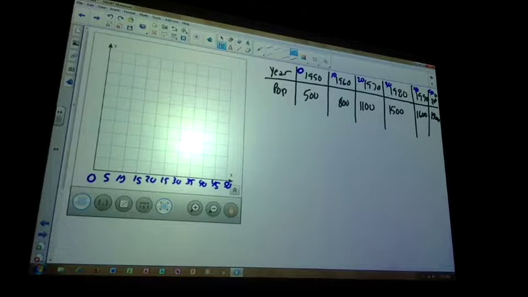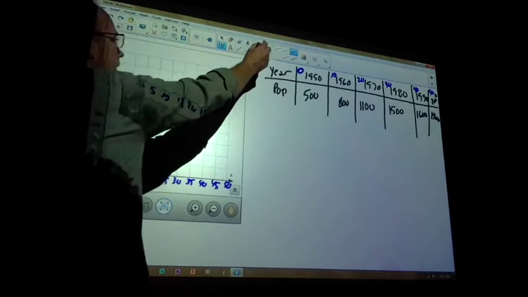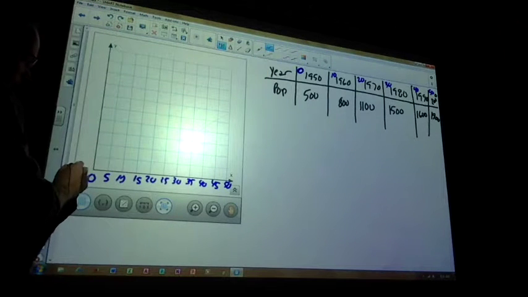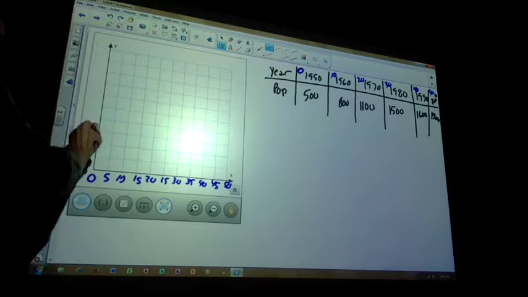I don't think counting by 500s would be great, because it'd be 500, 1,000, 1,500, 2,000. We're already there. 200s? That might be good. So you might be right, though. Let's figure it out. So 0 people, and then we have 200, 400, 600, 800, 1,000.